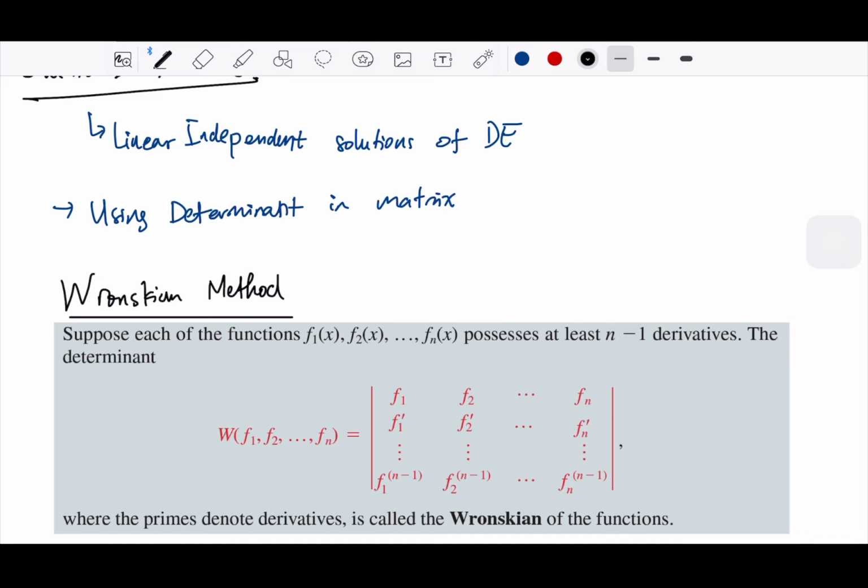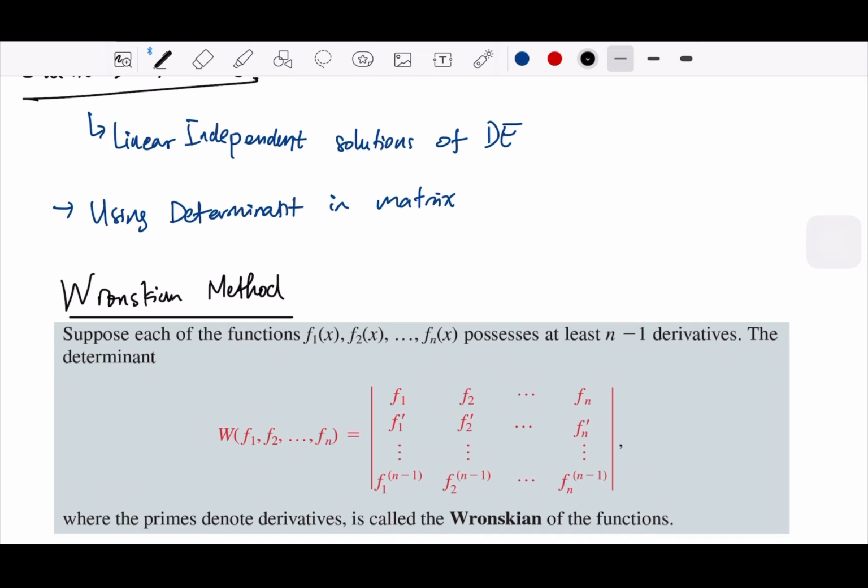So the order of the derivative in the last row is n minus 1 of the total functions you have. So if you have 3 functions, you have 2, so you have the second derivative. If you have just 2, then you have this 2 by 2 arrangement. The way you compute is you just compute the determinant.